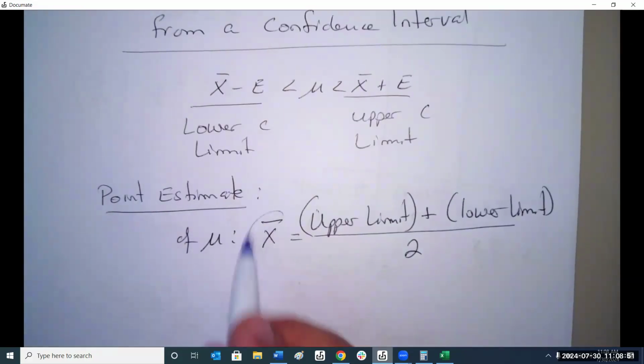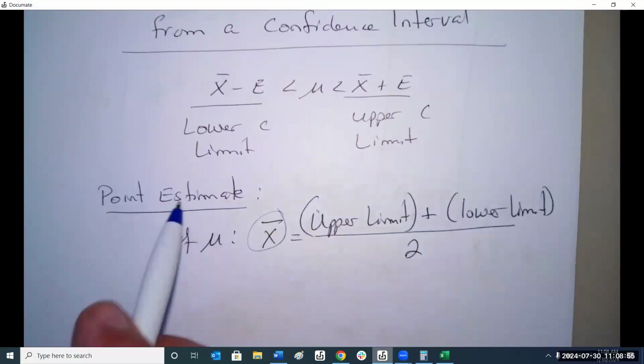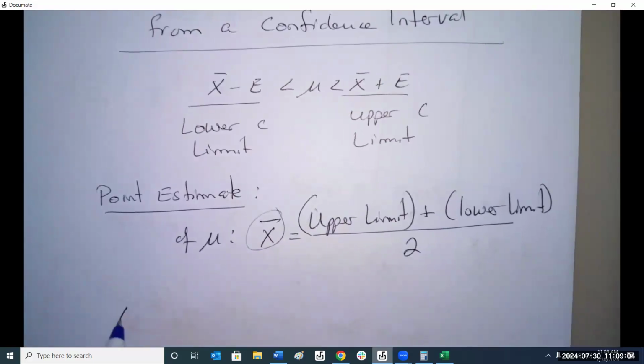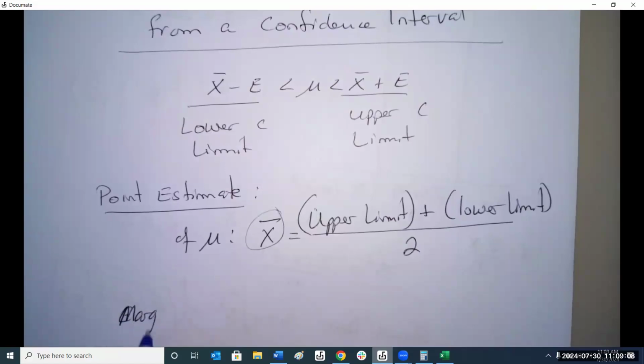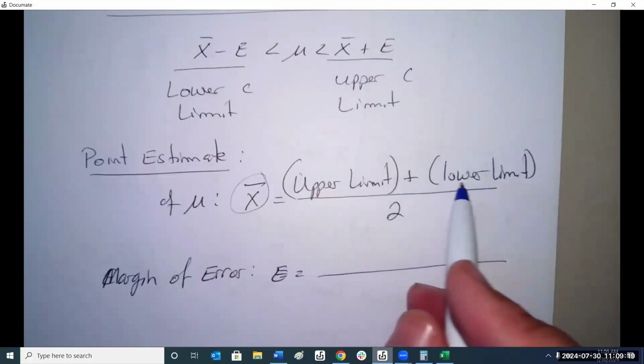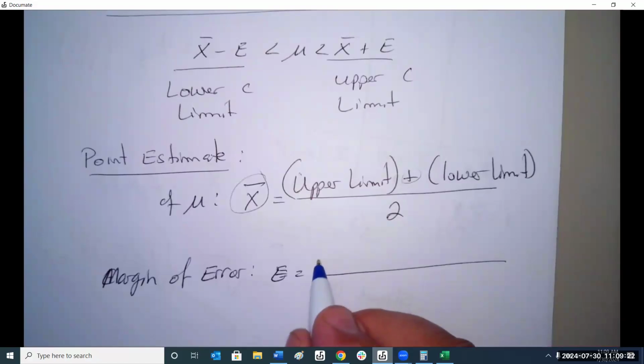Remember, we said that the sample mean is the best approximation of a point estimate of the population. And then the margin of error, which is E, the same formula except a minus.